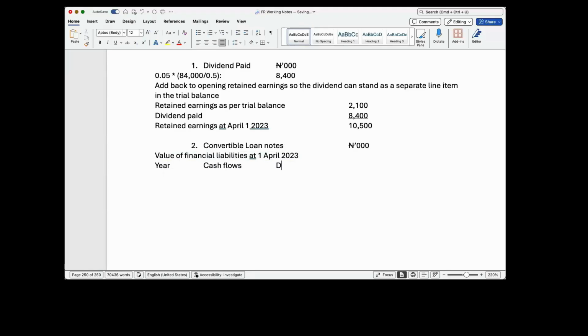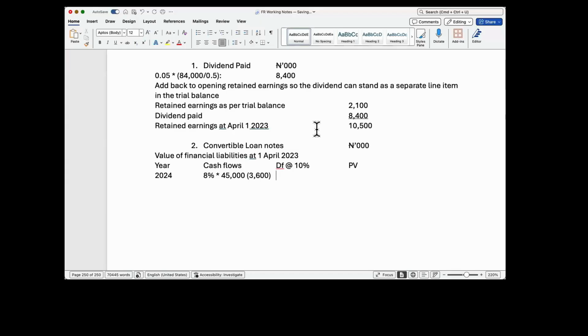Discount factor at 10%, then I get my PV. So in the first year, March 2024, I will get the present value of my interest, and my interest is 3,600. I confirmed it. Some of you will not remember, so it's this 3,600.